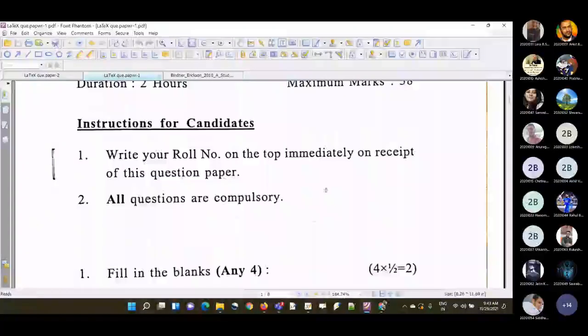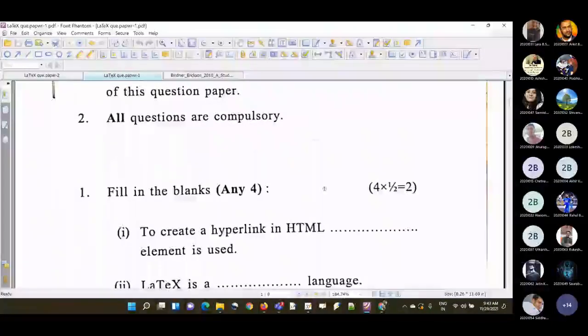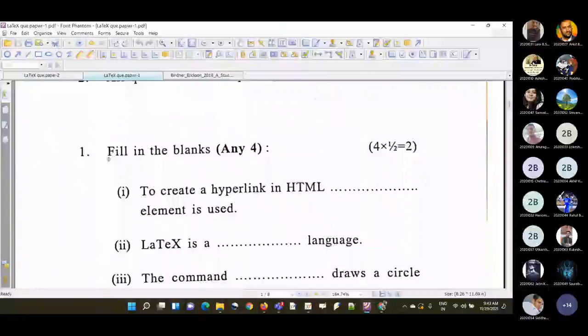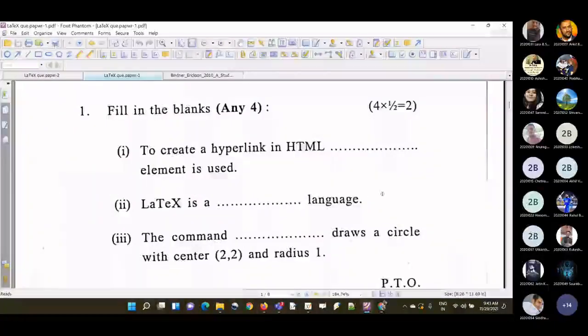So in question one, you can see there is a fill in the blank kind of thing. Fill in the blank to create a hyperlink in HTML, dot element is used. Could anyone tell me what element we use here? A href.